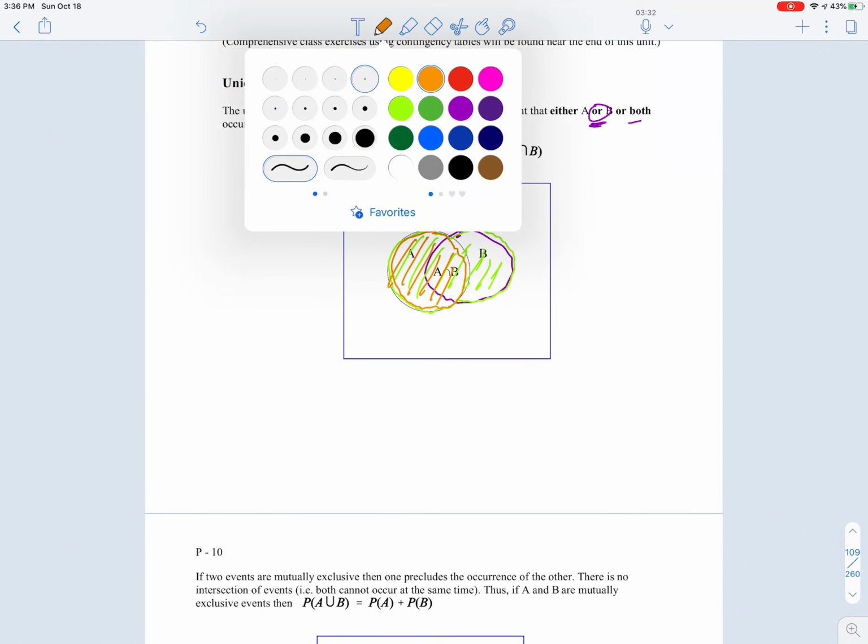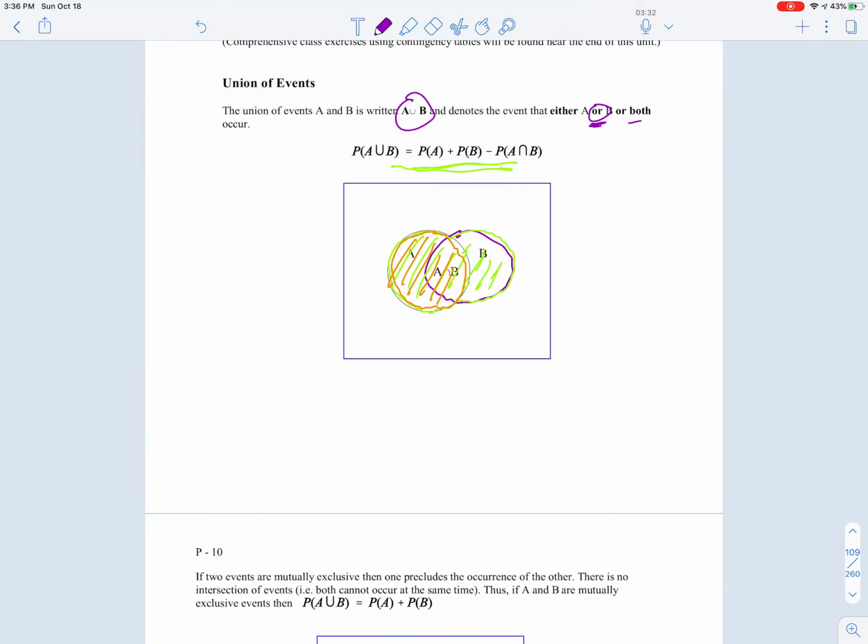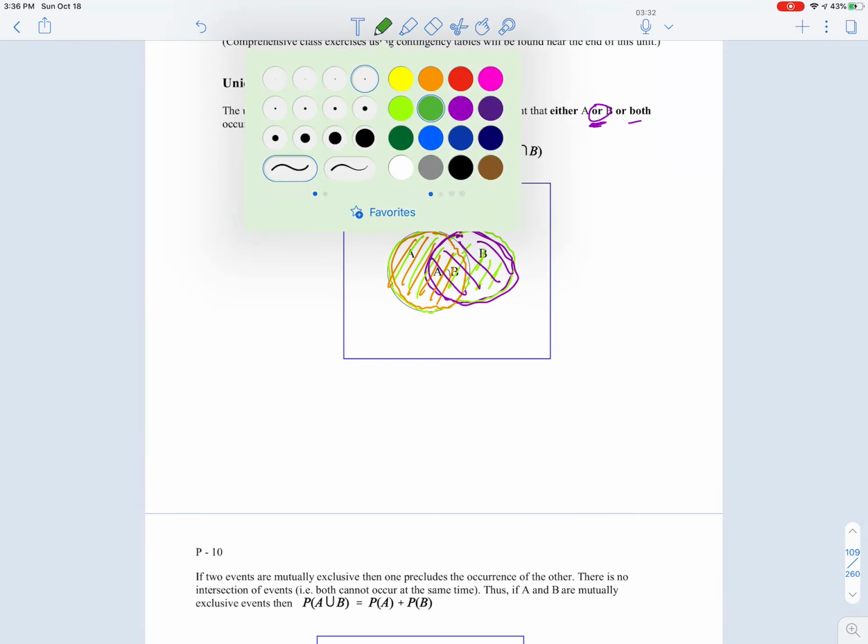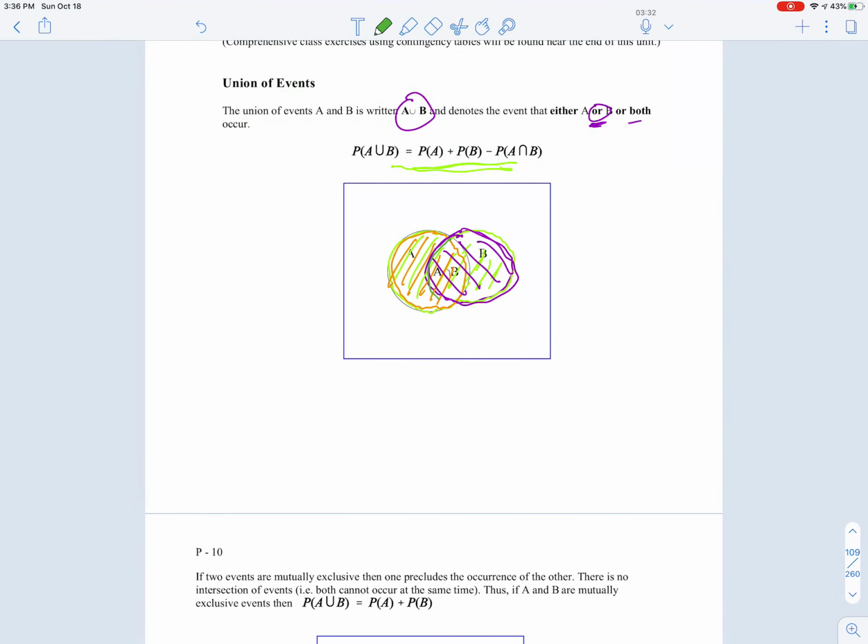And then let's take a look at the probability of B, and we will shade it like that. And what I want you to note here is that we've double counted this area right in the middle. We counted it when we counted A, and we counted it when we counted B, and so we've double counted it.